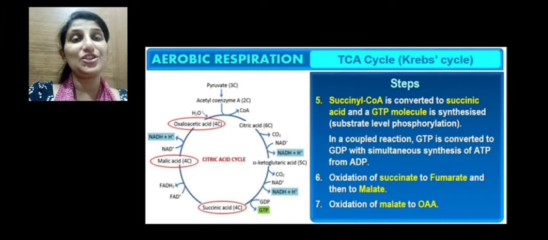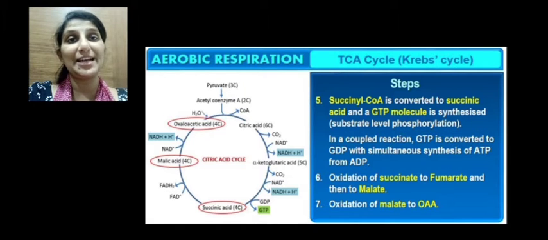GDP stands for guanosine diphosphate. Once it receives a phosphate, substrate level phosphorylation takes place and GTP, an energy-rich compound, is formed. GTP stands for guanosine triphosphate. It is an energy-rich compound just like ATP.